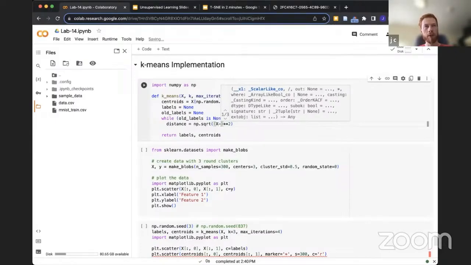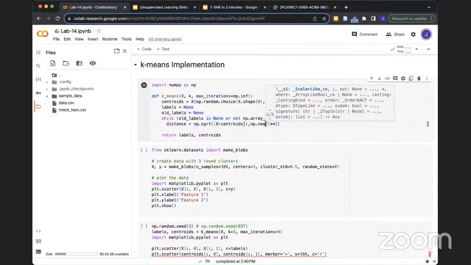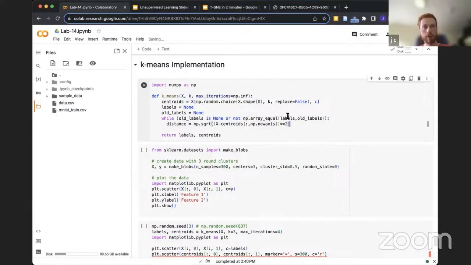And for each data point, we subtract the centroids. Pay attention to the brackets.